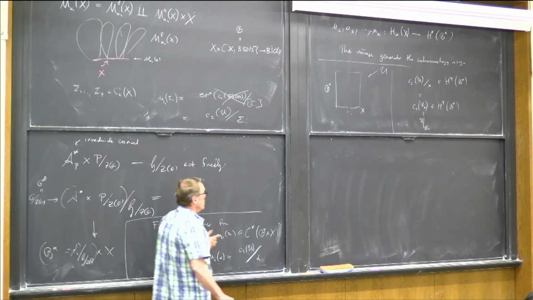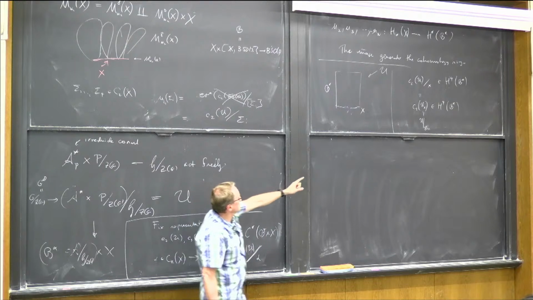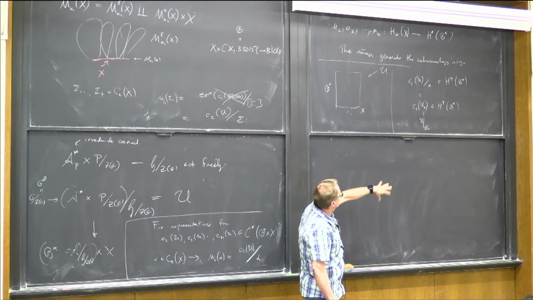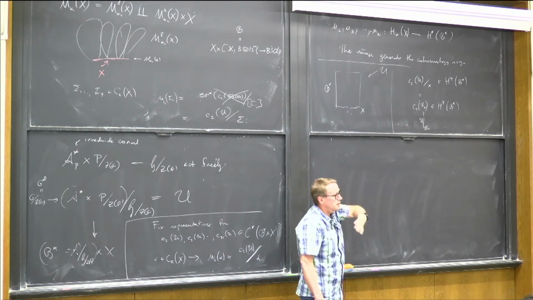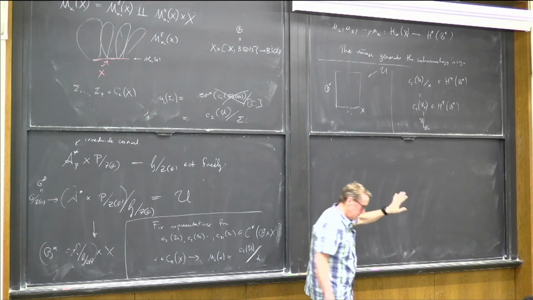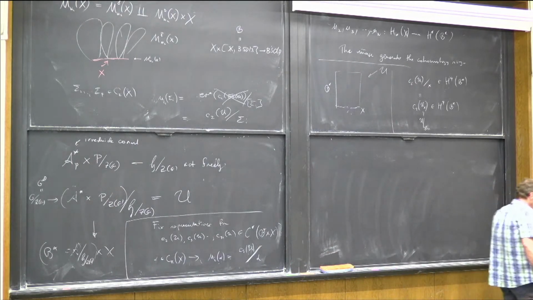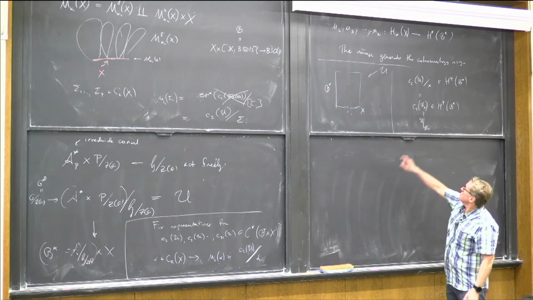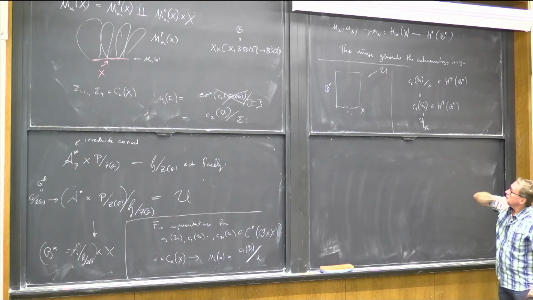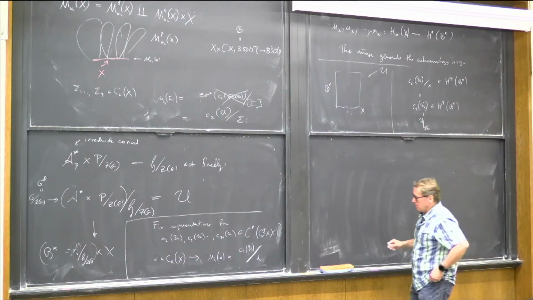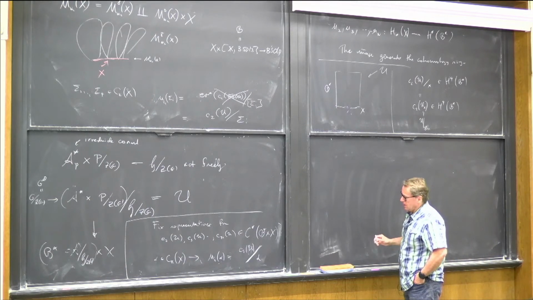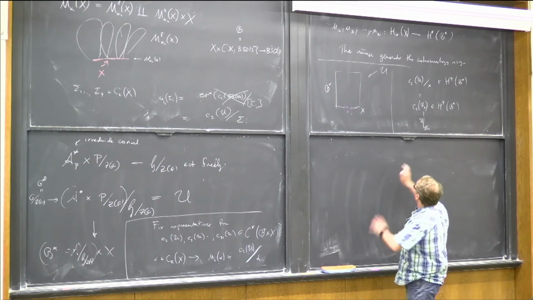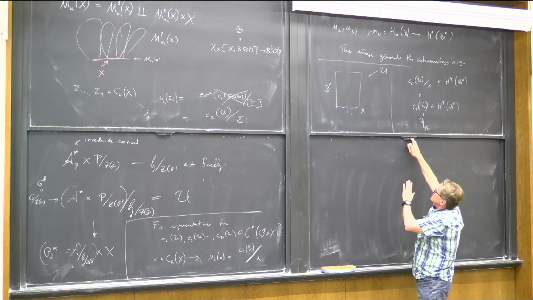So thinking about it that way, I could think of that cohomology class as a codimension 4 thing with a good enough normal bundle inside B star.